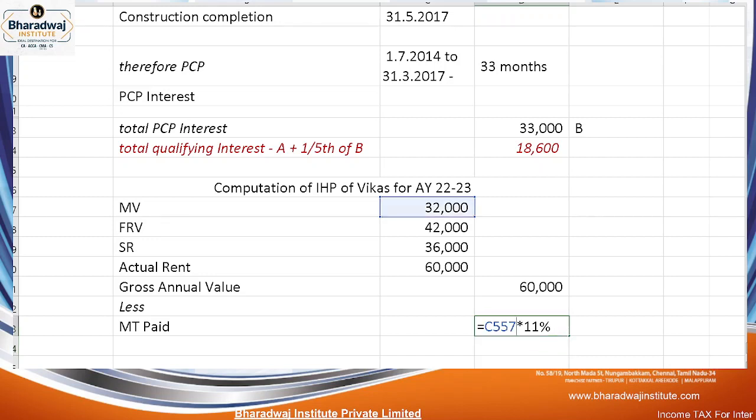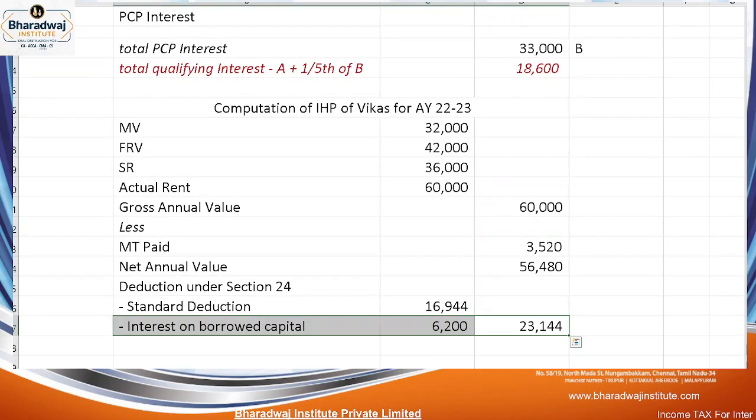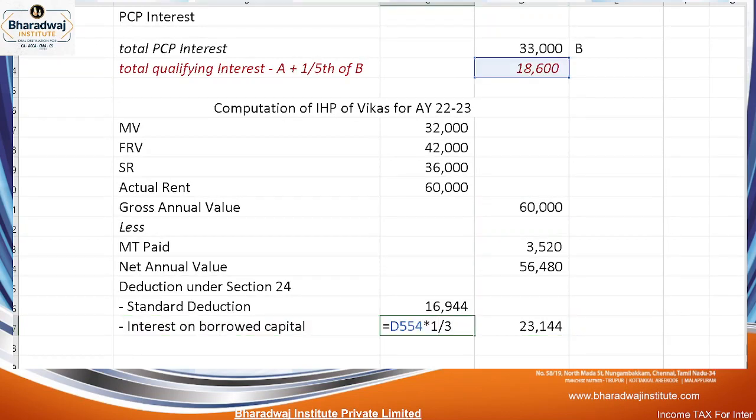Then deduction under section 24, standard deduction. On the interest portion, for the let out portion, 1/3 can be claimed. Total interest allowable is 18,600. On that, 1/3 is allowed for the let out portion.